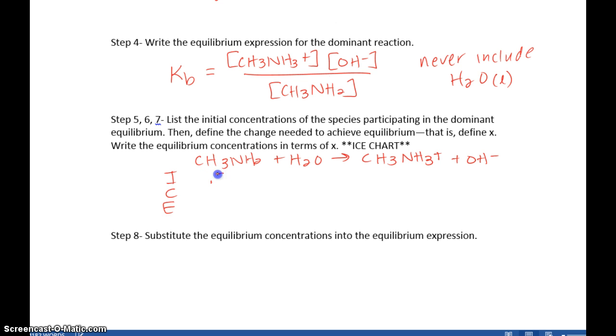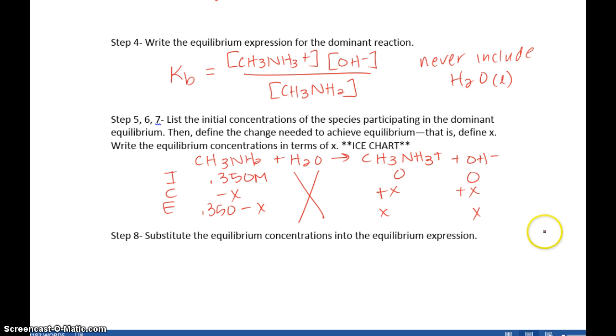We know that we have 0.350 molar. And what I do here for water, because I need water to write my balanced reaction, but it's not going to be part of this, is I just put a big X wherever water is concerned, so I know it's not part of anything. This is 0, and this is 0. Just like before, minus X, plus X, plus X, 0.350 minus X, X, and X.